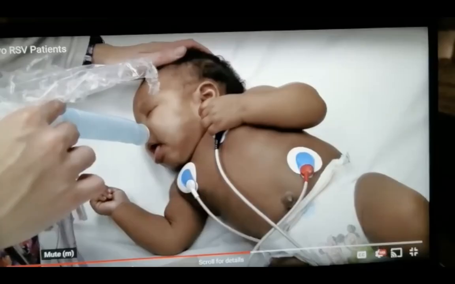I will also ask about any past history of similar conditions and admission to the hospital with a similar condition. And I would also like to ask about the delivery history. Was the child born preterm? Does the child have any heart conditions? All these things. Okay, what is your diagnosis?